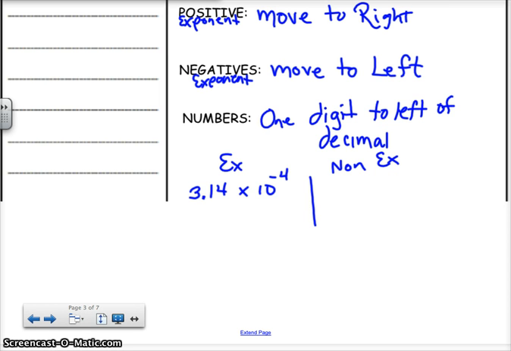A non-example would be 31.4 times 10 to the negative 5. That's not in scientific notation because there's two numbers to the left of the decimal. You always need one number to the left of the decimal. So this has 2, that is not okay. This has 1, A-okay. 2, no, 1, yes. Do you see?